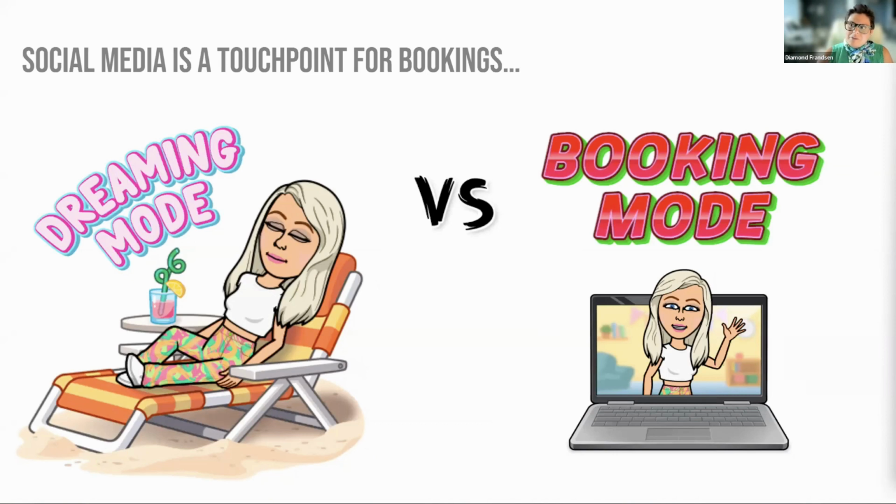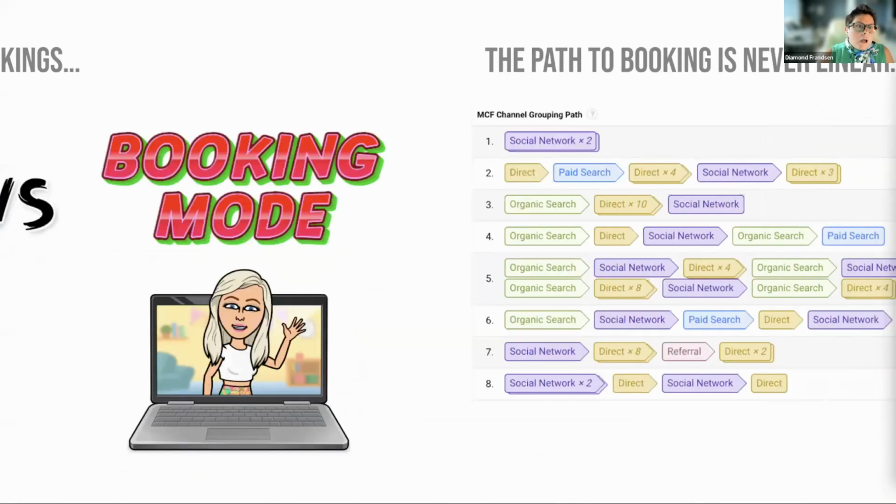As everybody was in their homes during the pandemic times, we saw people looking on mobile, but then booking on desktop. We're seeing a shift in this because people are now out and about in their communities and they're on their phones more than ever before. So if they are in that dreaming phase and move to the booking phase, they can easily book on your website if you have a mobile friendly website.